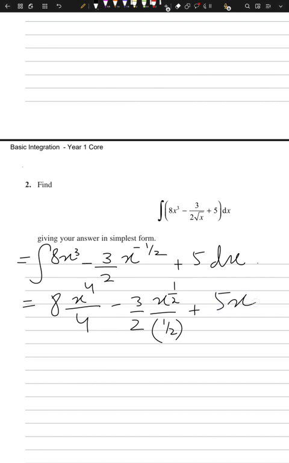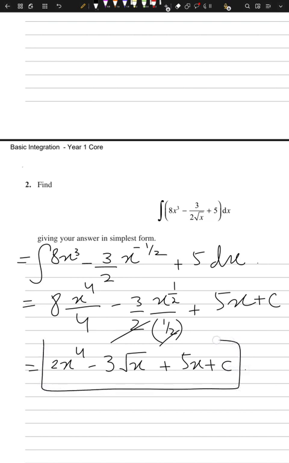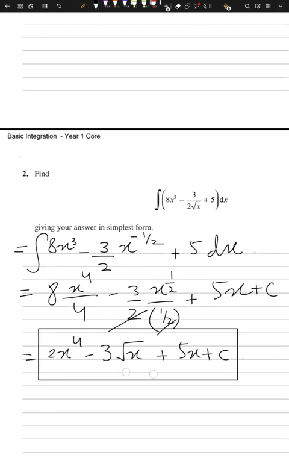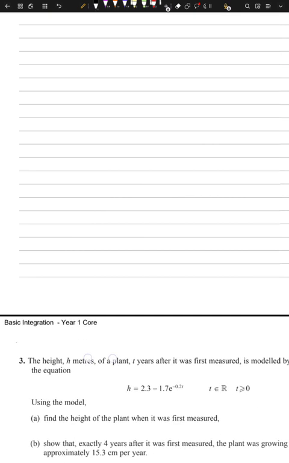And 5x plus c. Simplify it further. 2 times 4, half and 2 cancels out. So negative 3 under root x plus 5x plus c. That's your answer. Let's move on to question 3 now.